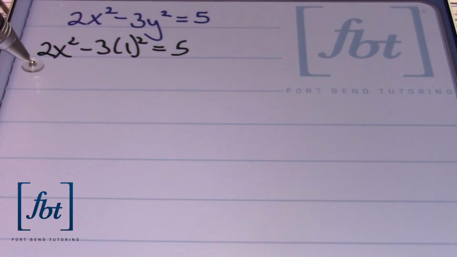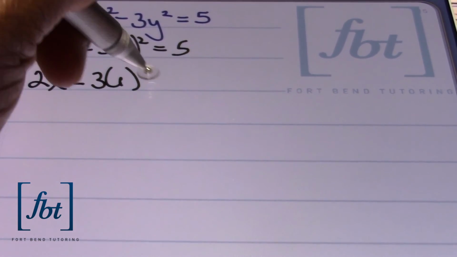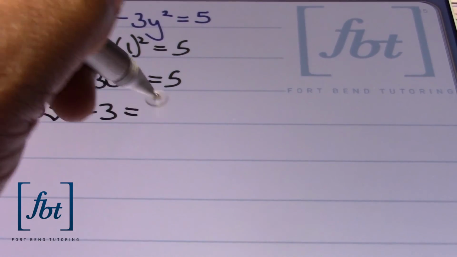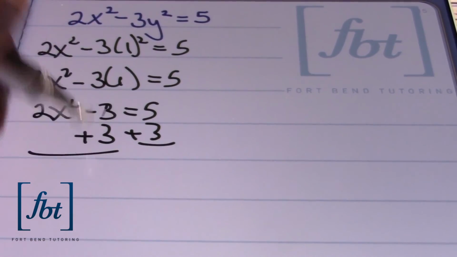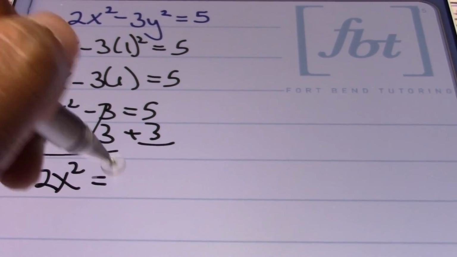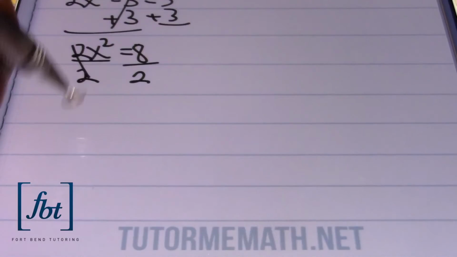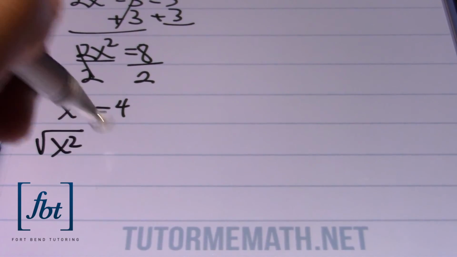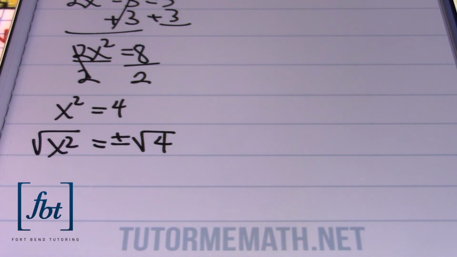Well, this looks familiar, right? Because when you square the positive 1, you'll still get 1 as a result. So therefore, you'll have 2x squared minus 3 equals 5, as well as needing to add 3 to both sides of the equal sign and getting 2x squared equals 8, dividing both sides by 2, like so. You'll have x squared equals 4, and then using the square root property, of course, you'll have plus or minus the square root of 4.